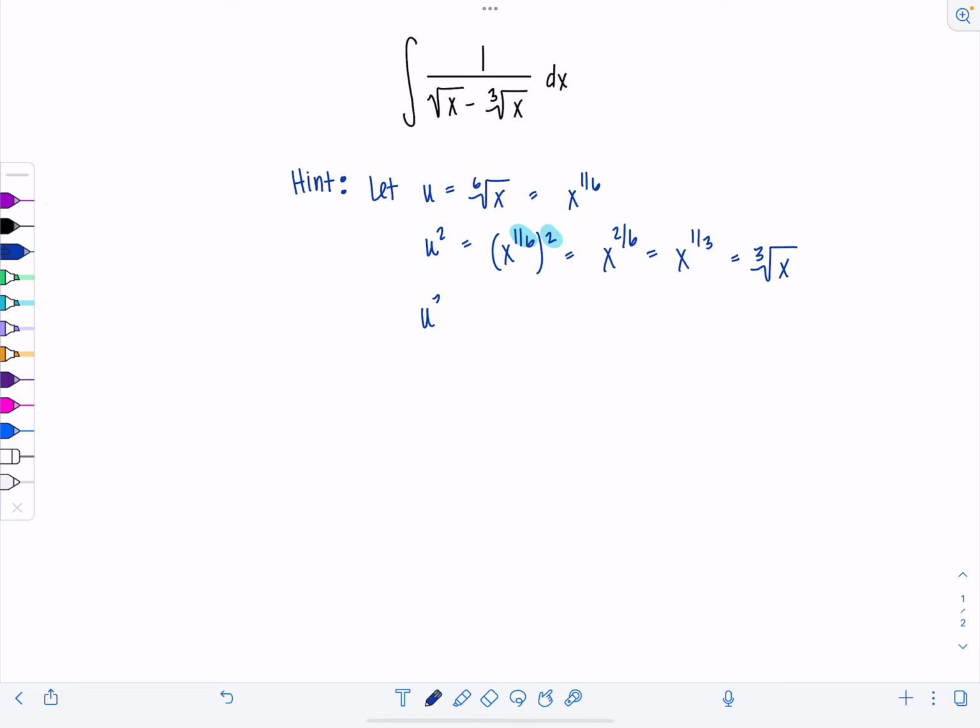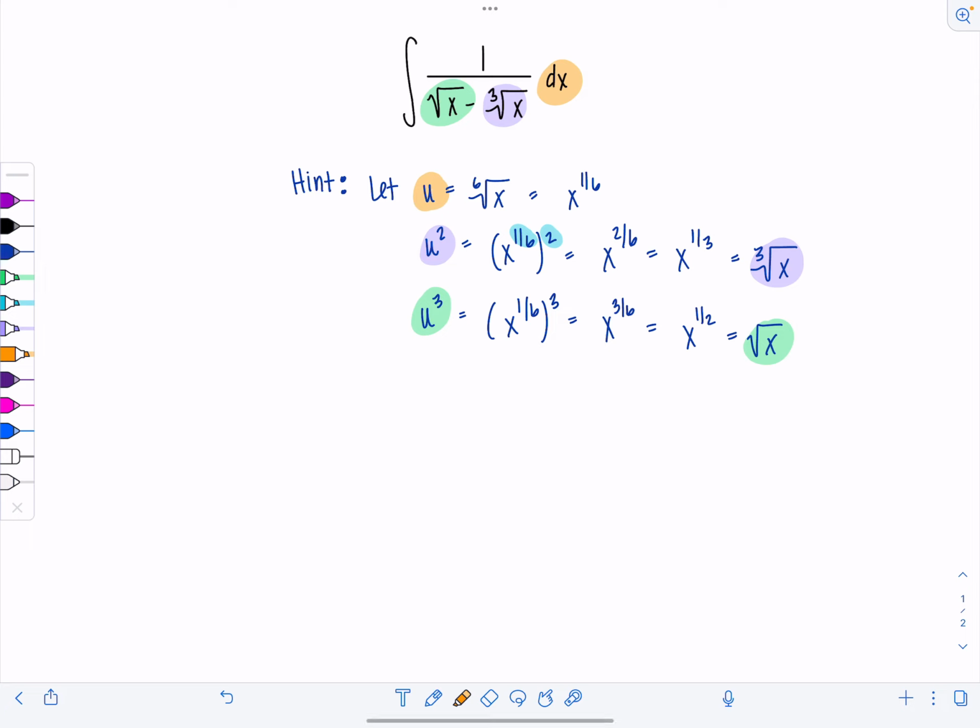And then u cubed would be x to the 1/6 cubed. So that's x to the 3/6, which is x to the 1/2, which is square root of x. So things are looking good because I already know now, square root of x right here, that's u cubed. Cube root of x, that's right here, that's u squared. So the only thing left now is I need to figure out what dx is in terms of u.